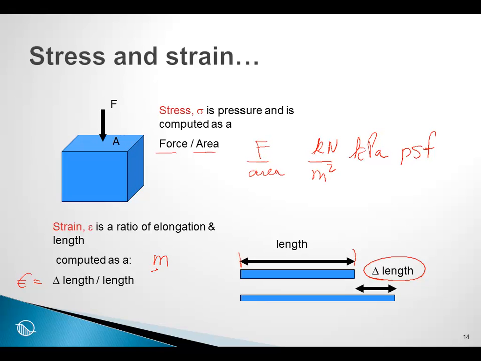It's always meters per meter or centimeters per centimeter or feet per foot. Sometimes strain is expressed as a percentage, but it is simply the strain multiplied by 100 in order to express it as a percentage, and it is still a dimensionless parameter. So those are the very simple definitions of stress and strain.